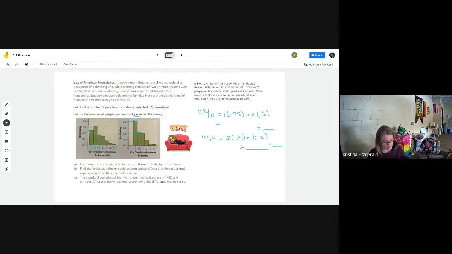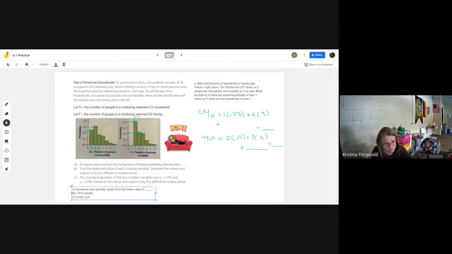So for the standard deviation interpretations, we want to think about why these two vary more or less. When we're thinking of a household, we have this number 1.412. So we would say a household size typically varies from the mean value of, fill in the blank from whatever you get for part B, by 1.412 people.